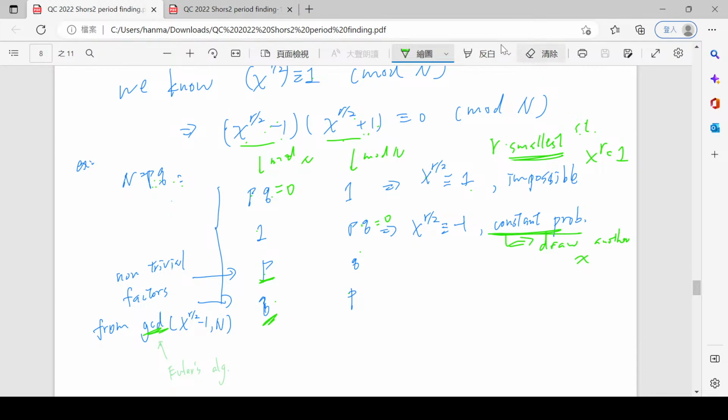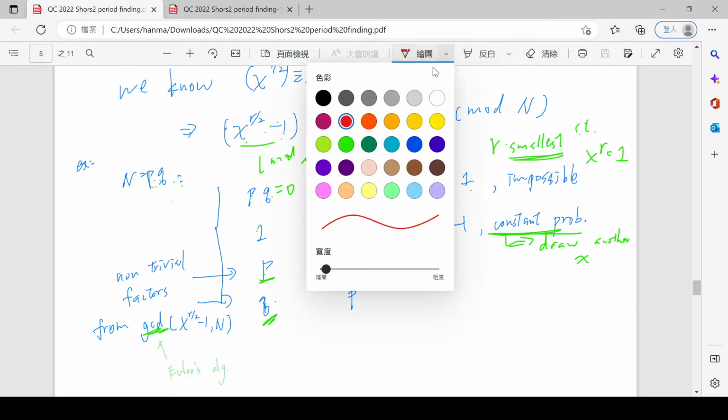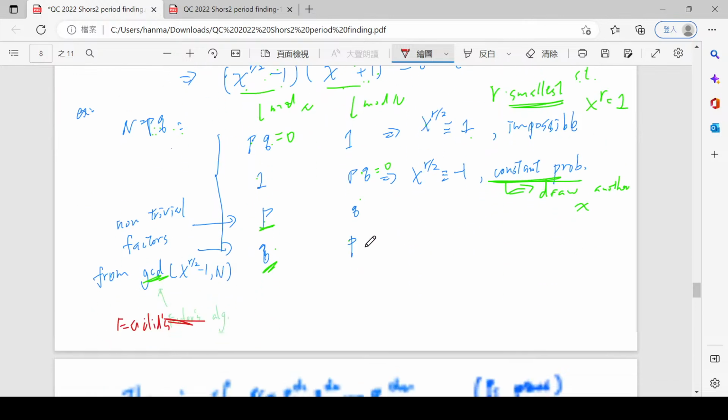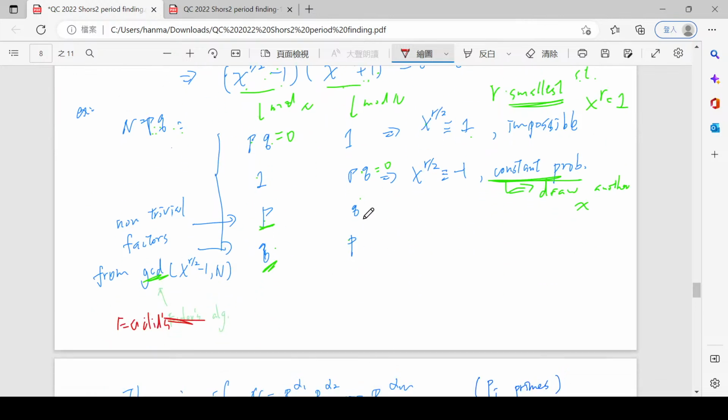So this should be Euclid's algorithm, sorry, there was a small mistake. If you are lucky here, they both contain non-trivial factors of n, and you can just take the GCD and you will get a non-trivial factor p or q.